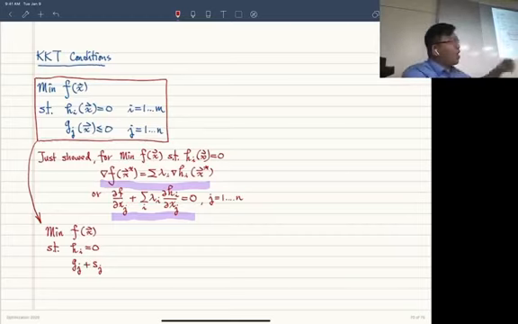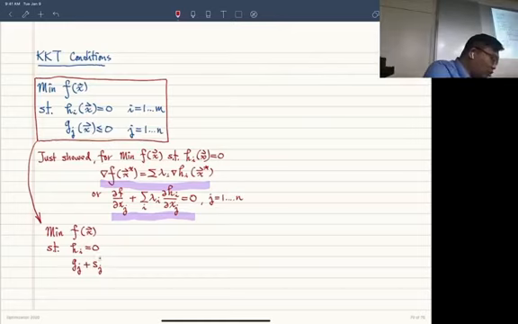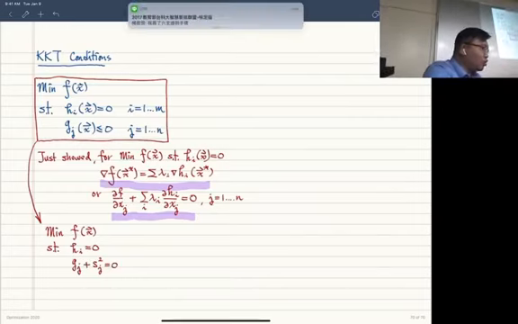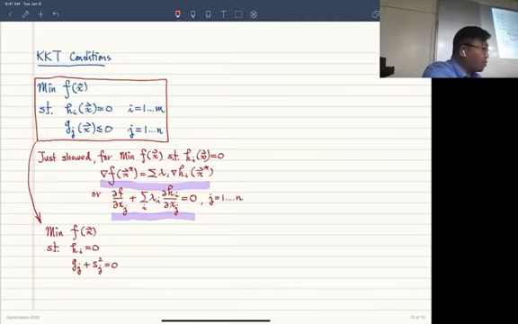In order to make sure my slack variable is positive, this time we could introduce some value sj square over there. So when I put it into the equation, it's always a positive value, right? So that's how you could convert your gj smaller than 0 into an equality constraint.